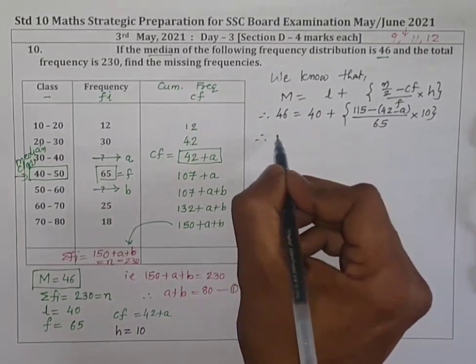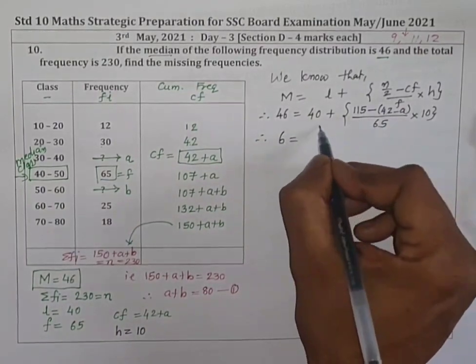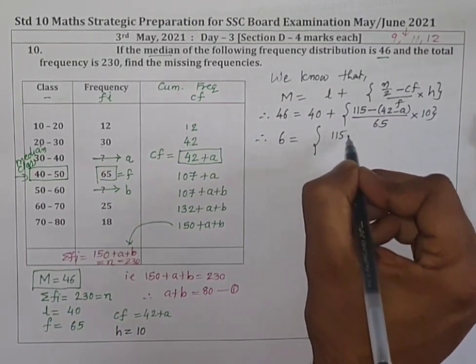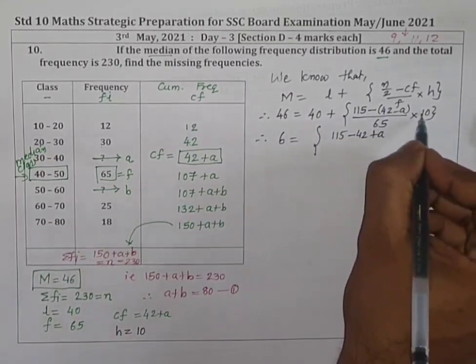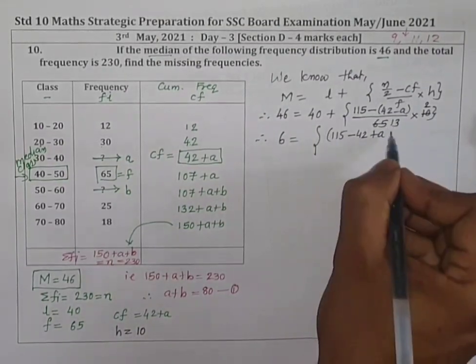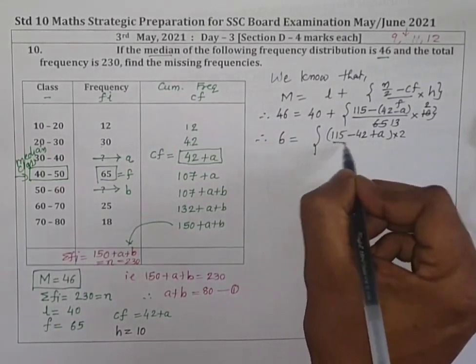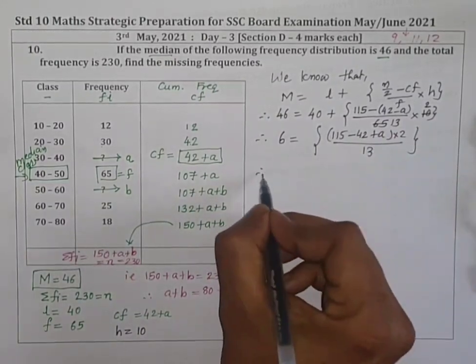46 minus 40 will make one term. I'll write directly 6. You will have to open the bracket: 115 minus 42 plus A. Now this is 5 2s and 5 13s, so into 2 upon 13. Now we have a single term here.